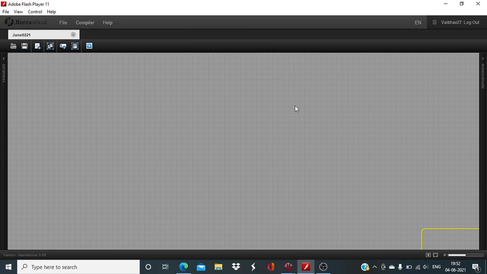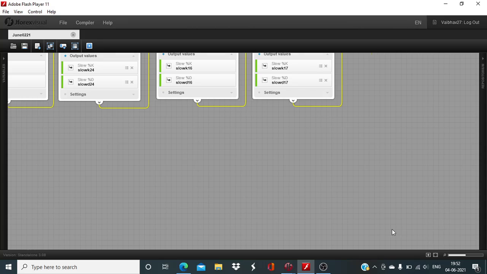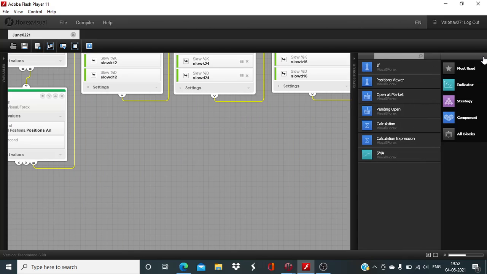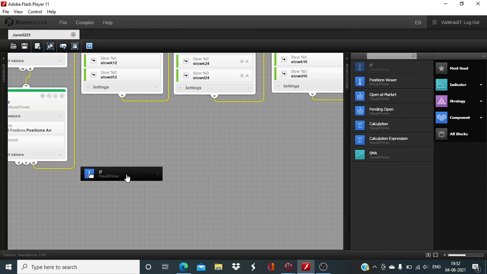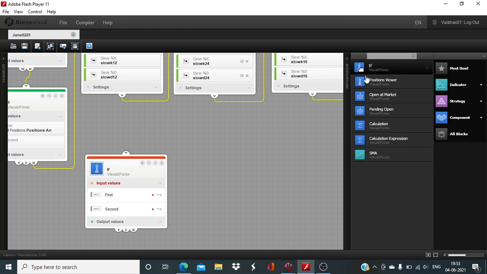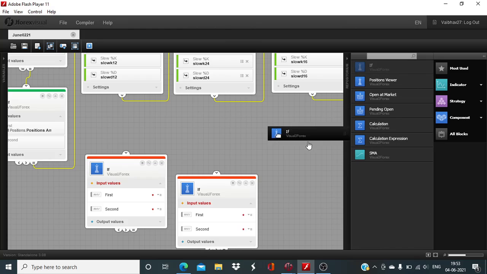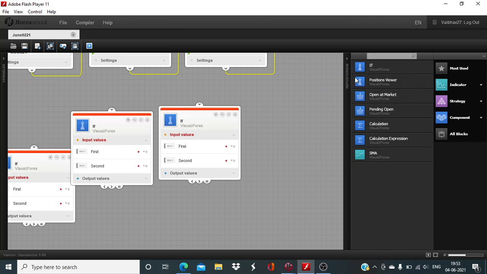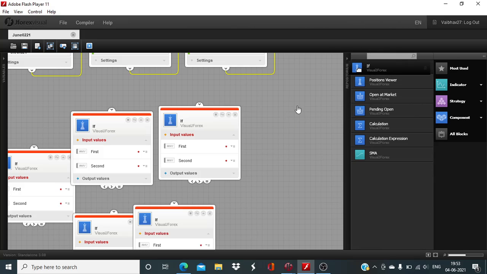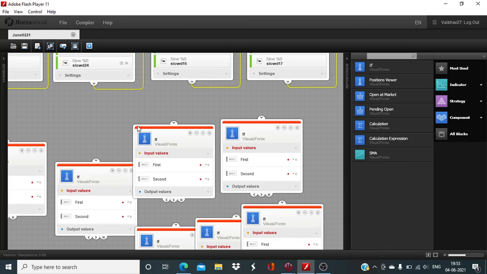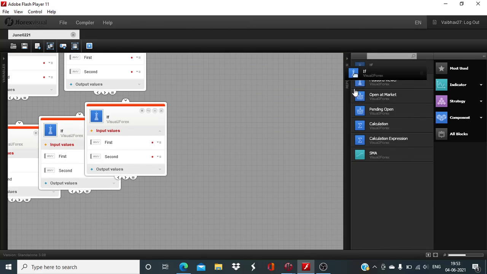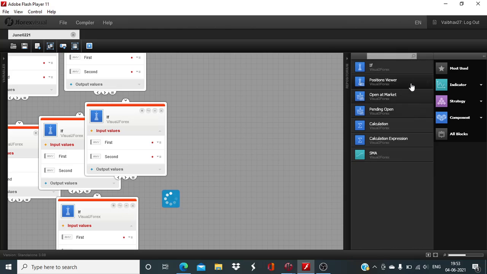Okay, so with that in mind, we get started for the work ahead, and we are going to need a lot of blocks. I don't exactly remember, but I think 13 blocks were used while defining the conditions for the trade on the buy side. So naturally, we are going to need a similar number of blocks. Again, we have these 4 and 3 blocks, and a couple more will be needed.